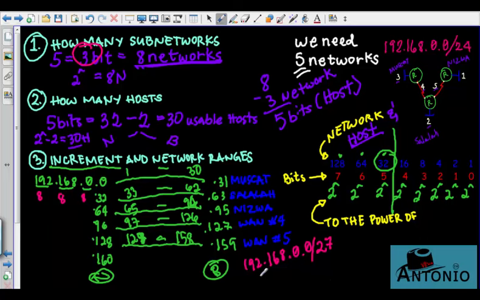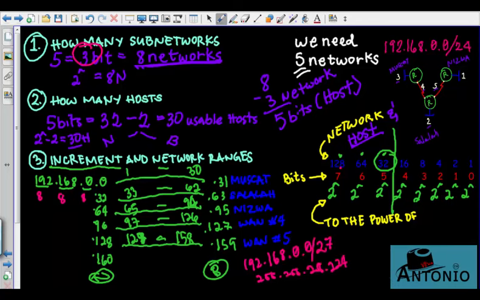So the subnet mask is 255.255.255, and 128 plus 64 is 192, 192 plus 32 is 224. That is the new subnet mask.